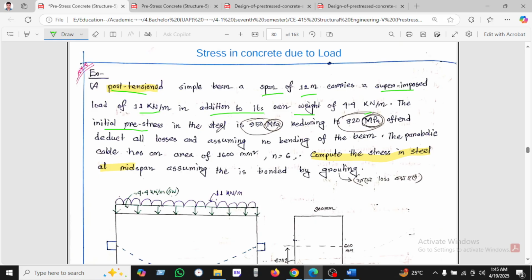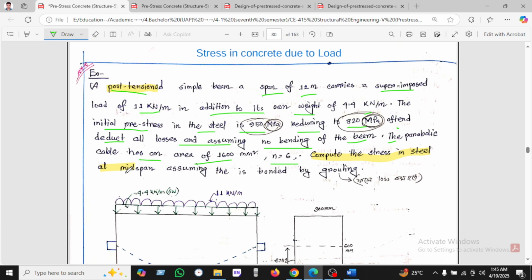The initial prestress of steel is given at this MPa and reducing to 2 MPa after deducting all the losses, assuming no balancing of the beam. It has a parabolic cable, and the area is given as this value.